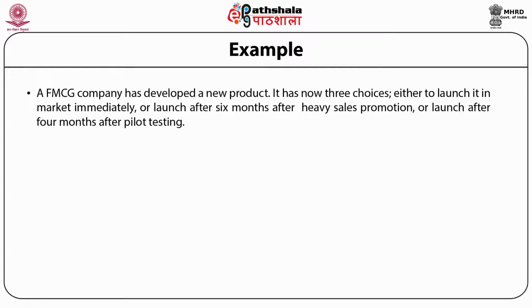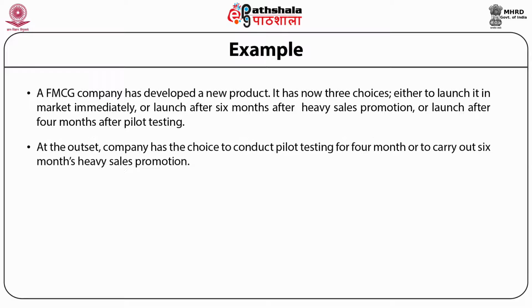It now has three choices: either to launch it in the market directly, or launch after 6 months of heavy sales promotion, or launch after 4 months of pilot testing. So at the outset, the company has the choice to conduct pilot testing for 4 months or to carry out 6 months of heavy sales promotion under the given conditions.